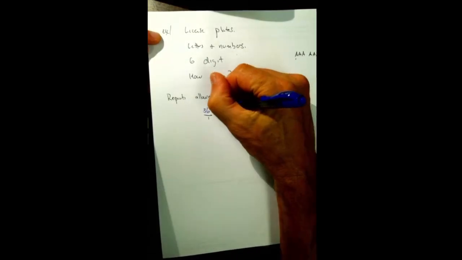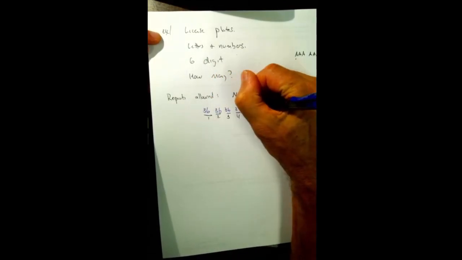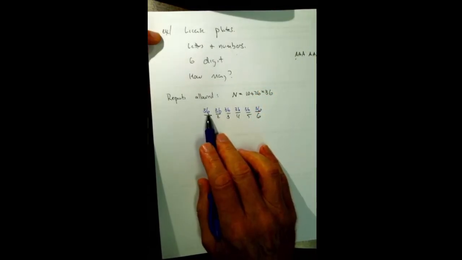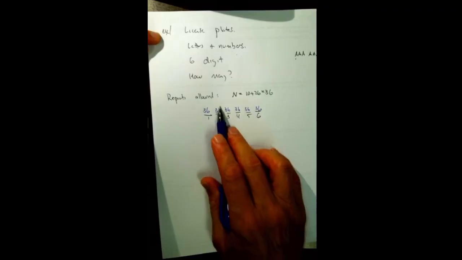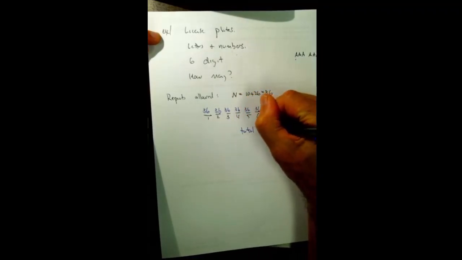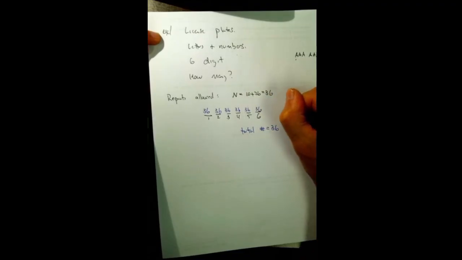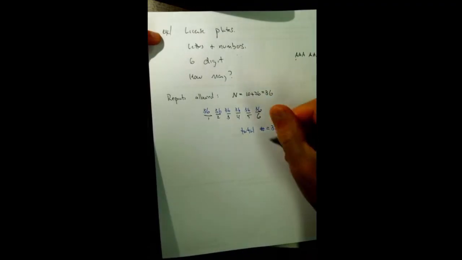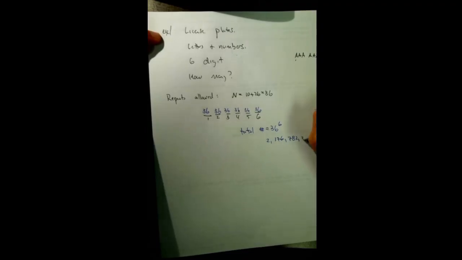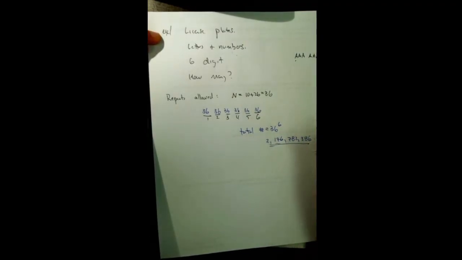Because we're allowing repeats, once I put a number or letter in here, there's still going to be 36 left that I could put in here. And so the total number is 36 raised to the 6th power. And this turns out to be 2,176,782,336. And that is what we in the business call a big number.